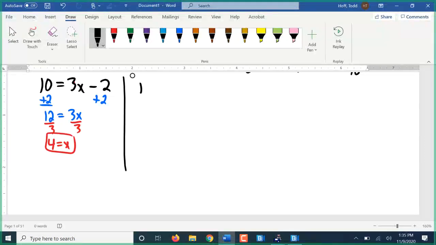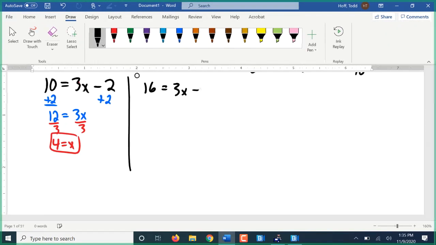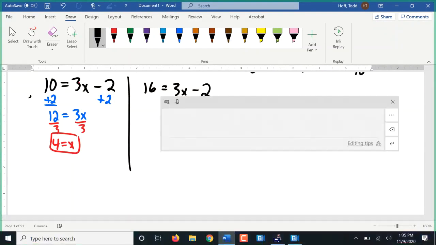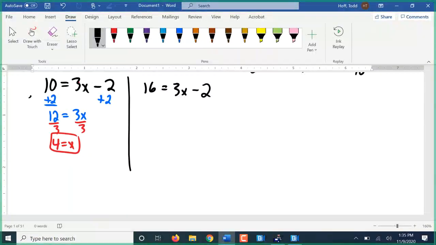We might have 16 equals 3x minus 2. If I go to solve that, the steps are going to be the exact same as what I just did. I'm going to add 2 to both sides to get 18 equals 3x. Then divide by 3.